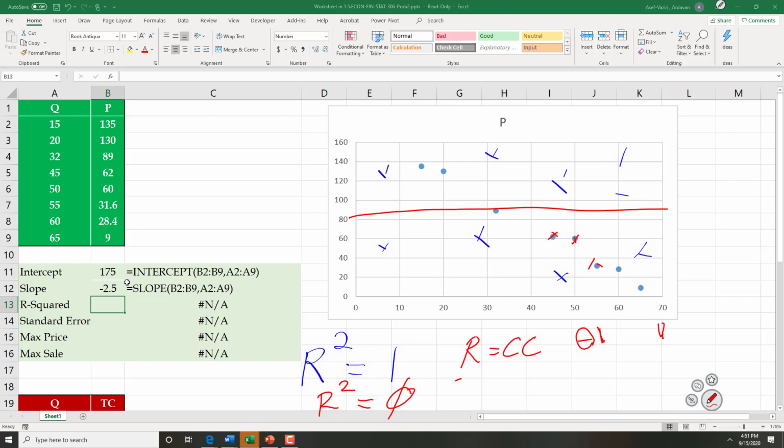Again, R square, coefficient of determination, if it is closer to 1 is better. Correlation coefficient, closer to -1 or closer to 1, they are both good. And the relationship between them is that coefficient of determination, or R square, is the square of the correlation coefficient.